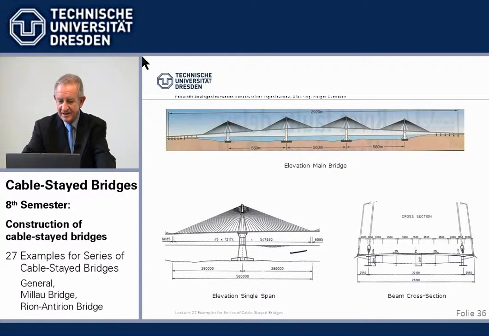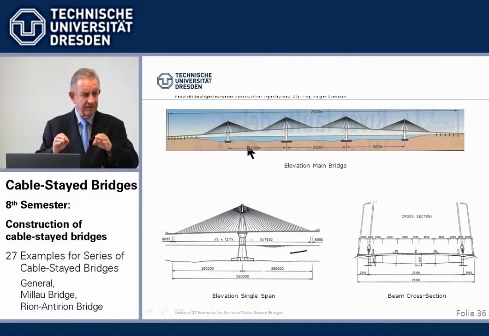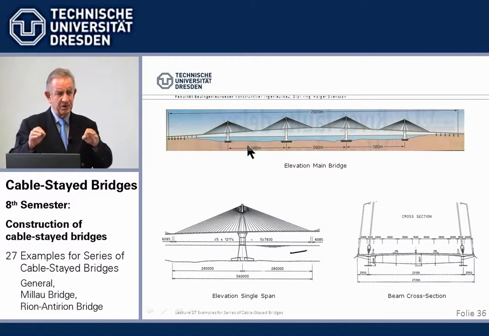We have here the main items. We have here 3 main spans, or you can say 4 towers, with, in this case, 560 meters. The span is longer. You can very easily deduce that, because the foundations here, piers and foundations, are even more expensive than for the Millau.